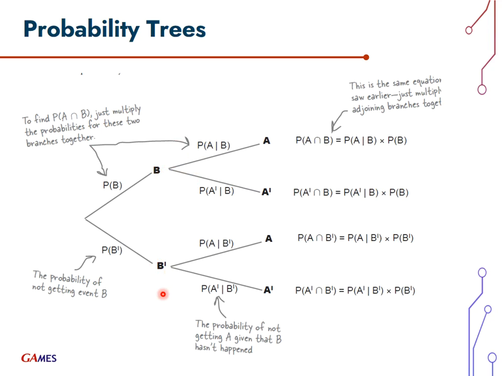So you can find various types of probabilities, like probabilities involving intersections, simply by multiplying the probabilities of the linked branches. So you can use probability trees to carry out computations.